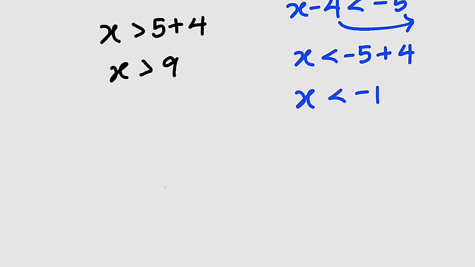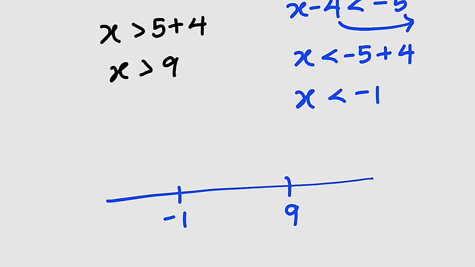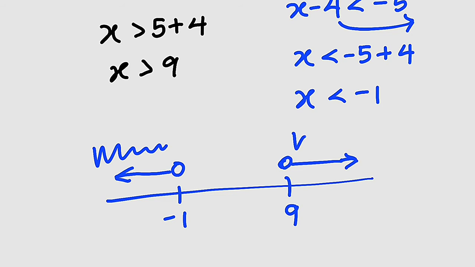Let us look at it on the number line. Suppose you have a number line here, you have 9 here, and you have -1 here. So when x is greater than 9, it means from here, it looks to the other side. And when x is less than -1, from here, it will look to the other side. So all this will be our solution, and also this one will be our solution, right?